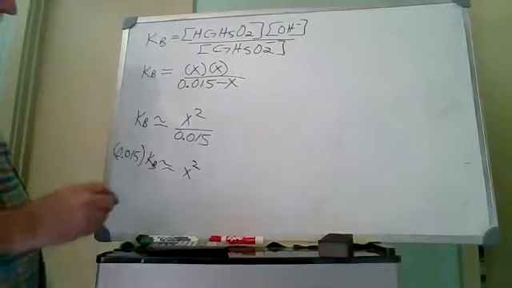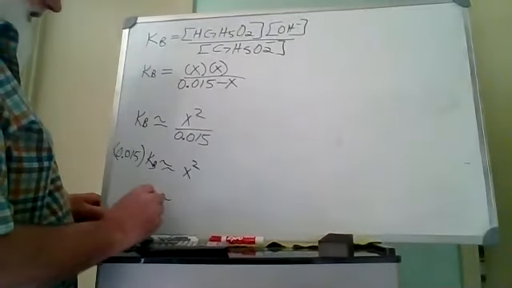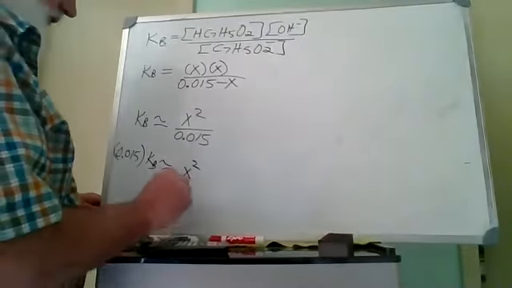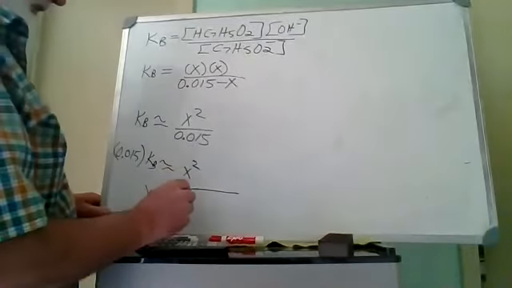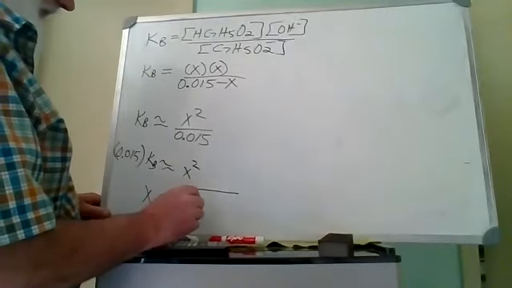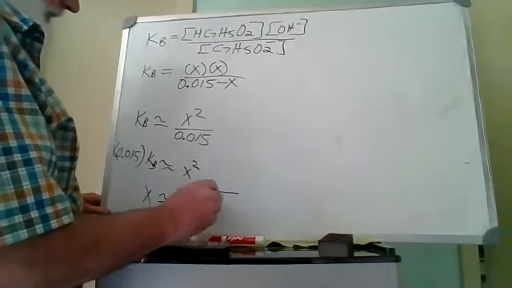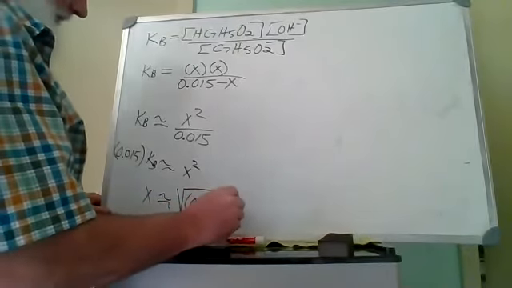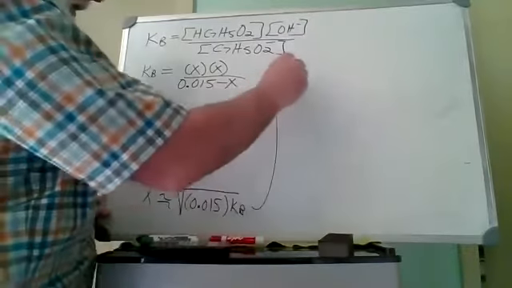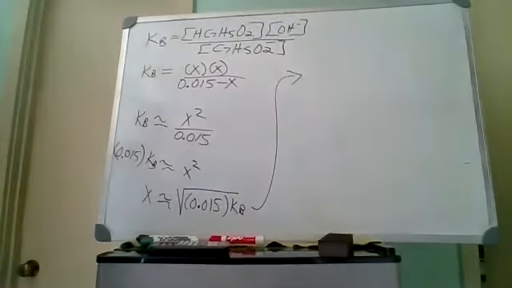Or X is approximately equal to the square root of 0.015 times KB. And we'll bring that up here.